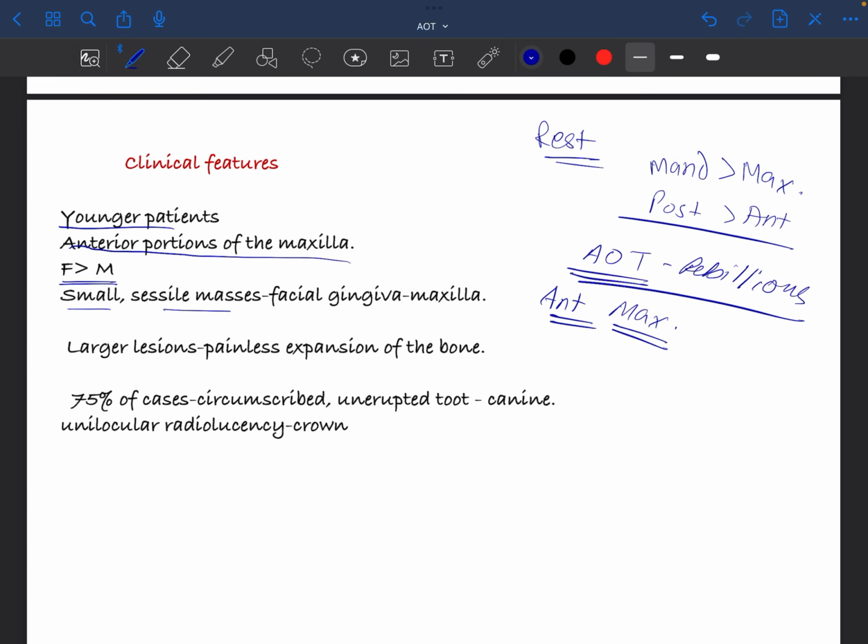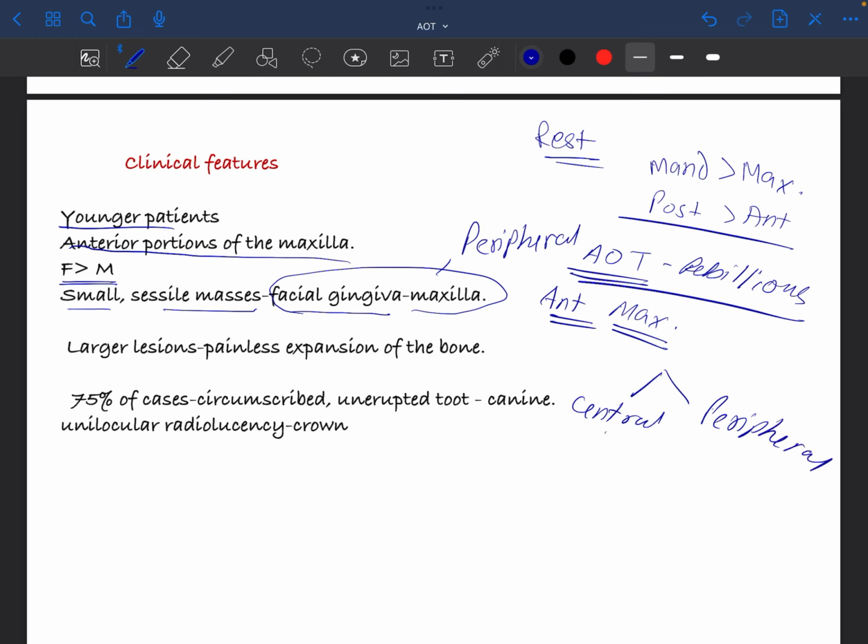It presents as a small, sessile mass, and there is a peripheral variant as well. We have tumors of two kinds: central tumors and peripheral tumors. Central tumors are those which occur in bone, basically intrabony or intraosseous. Peripheral tumors are extraosseous, present in either the mucosa or the gingiva.